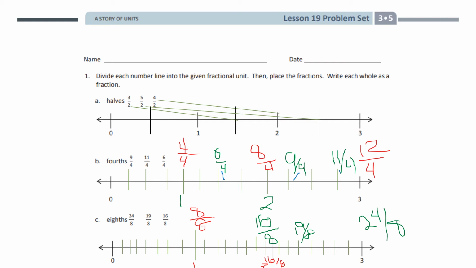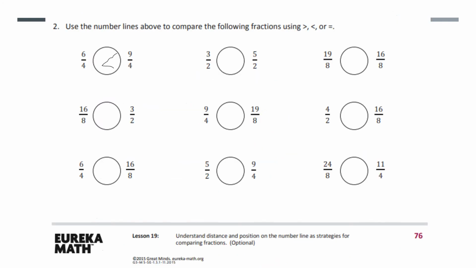And for C, you can see 16 eighths is right here, 19 eighths is over here, and 24 eighths is over here. Now, as you can see too, I did not write in red 24 eighths as well because 24 eighths is the whole number, but for right now, we can do that too. So good job. Let's continue.